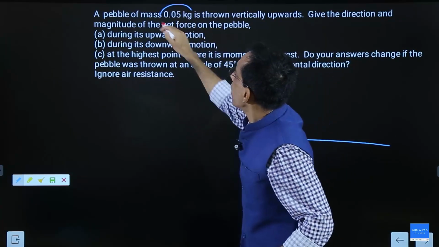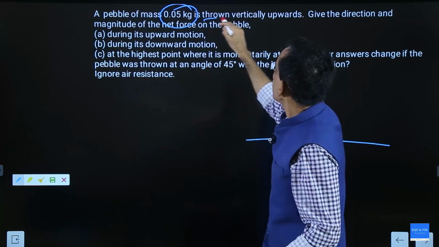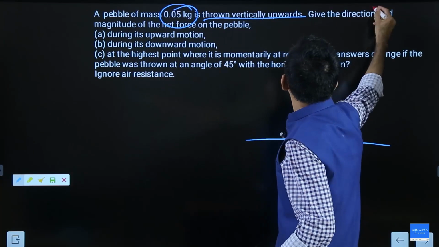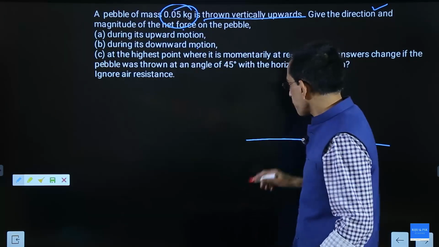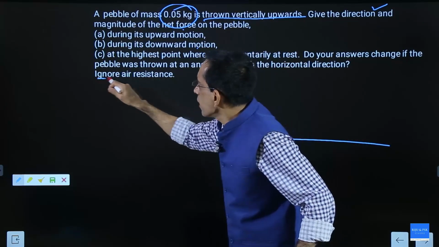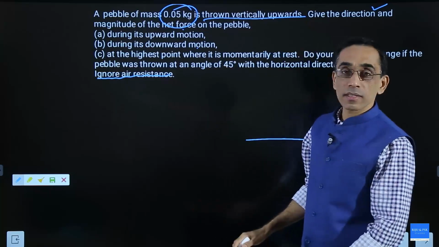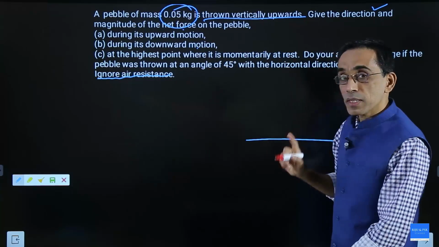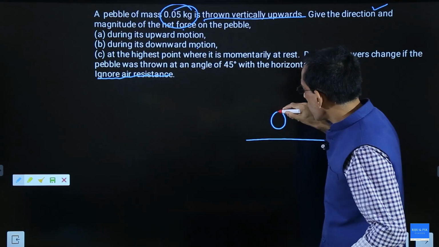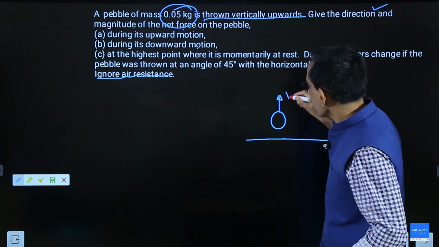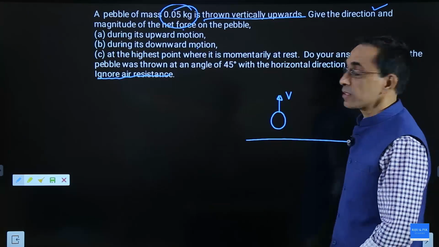A pebble of mass 0.05 kilogram is thrown vertically upward. Give the direction and the magnitude of the net force on the pebble. Okay. And there is one last sentence, neglect air resistance. So there will be only one force present, that is gravitational force. So the stone is thrown upward. So this is a stone which is going upward with a certain velocity at a particular instant.